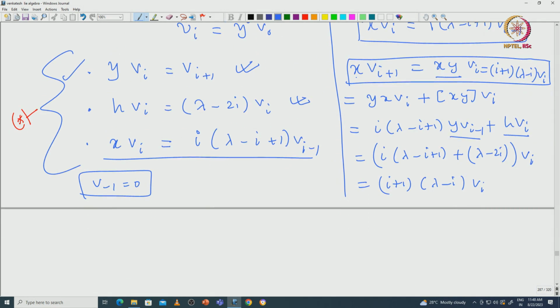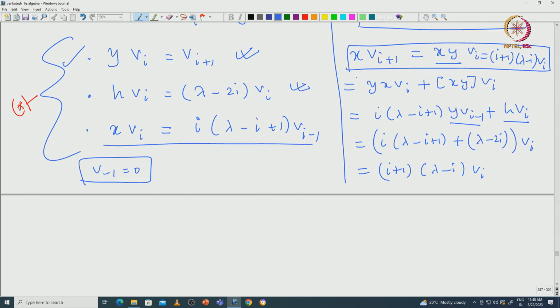Okay. By looking at these formulas, you can see that y power r plus 1 v naught must be 0. Okay. That is how we have chosen this r.